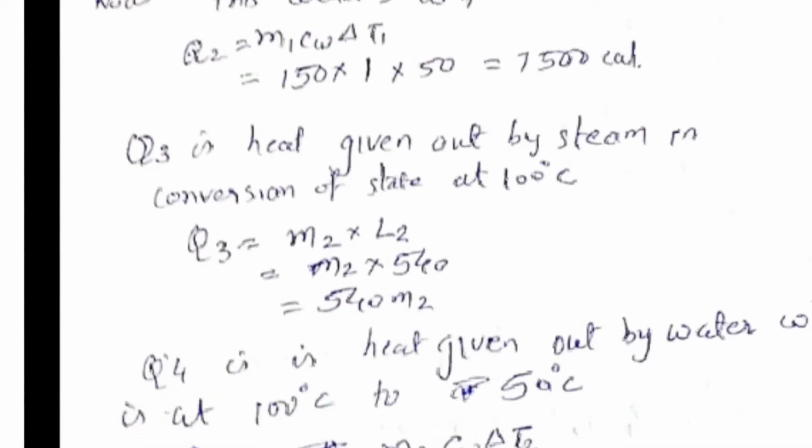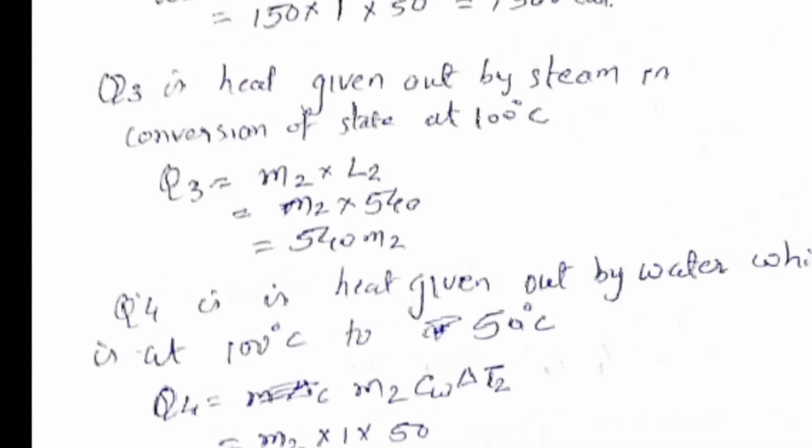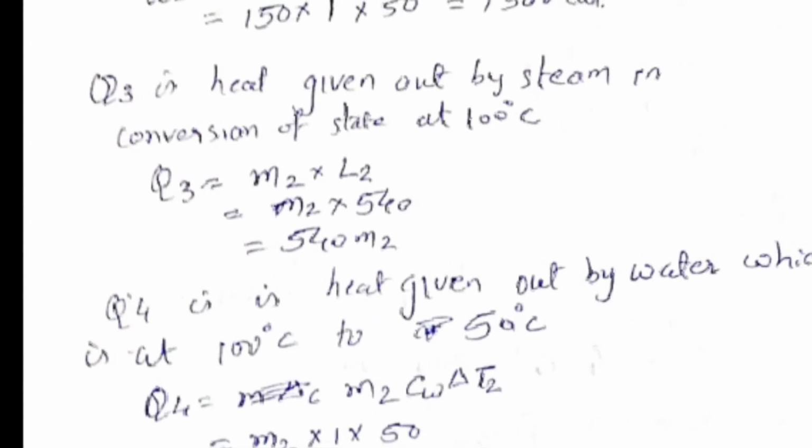So let us see. Q3 is the heat given out by the steam in the conversion of state at 100 degrees Celsius. So your Q3 will be M2 into L2. So M2 into 540, right? So 540 M2.